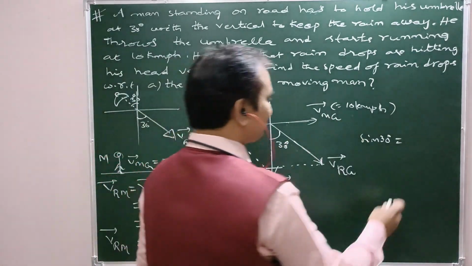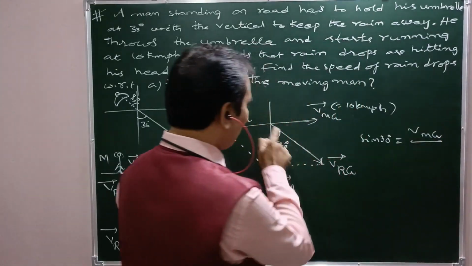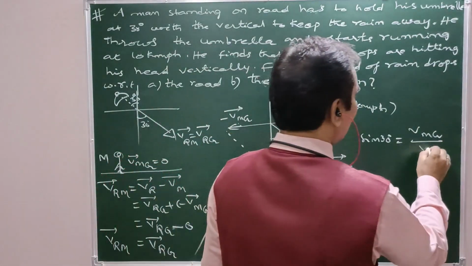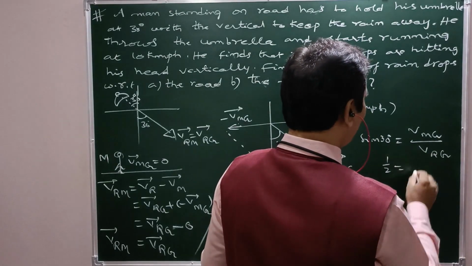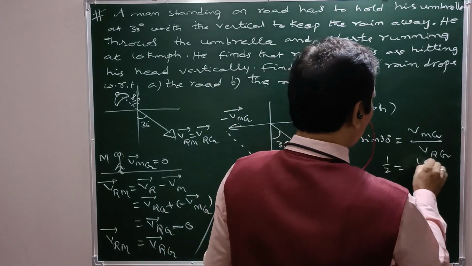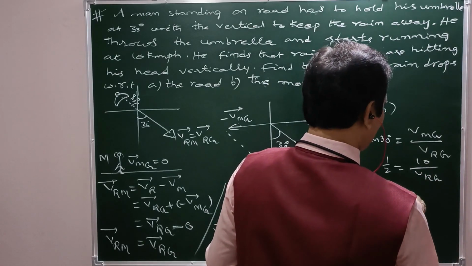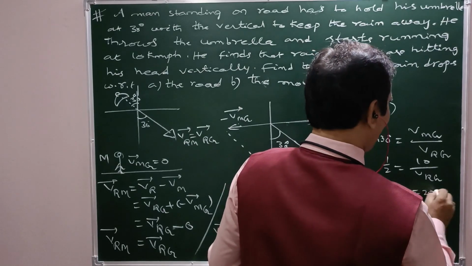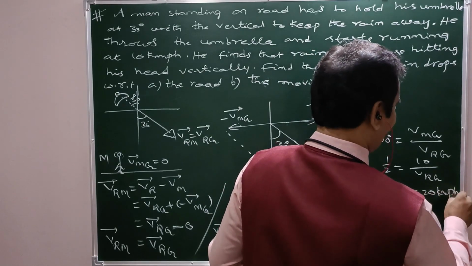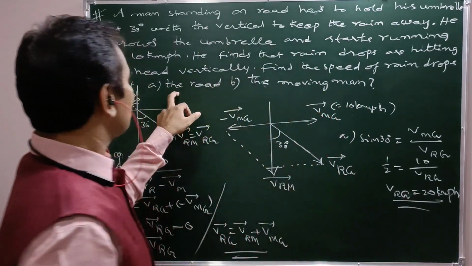Opposite means 10. That is VMG. By hypotenuse means VRG. That is sin 30, 1 by 2 equal to VMG means 10 by VRG unknown. So VRG equal to 20 km. This is what question number 1. That is A. Question A.